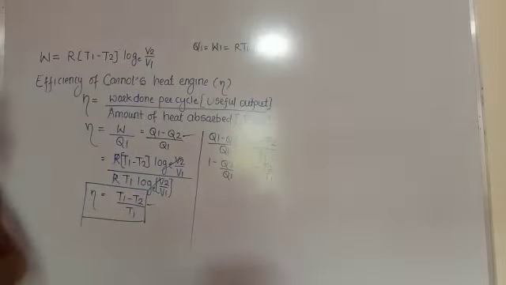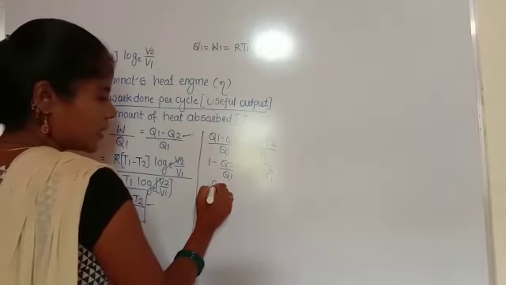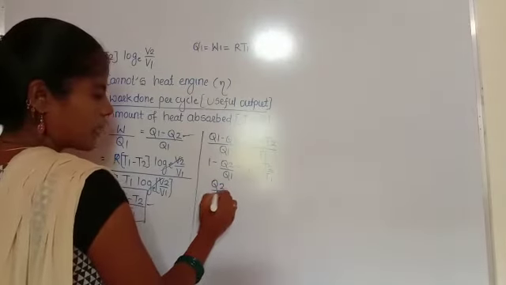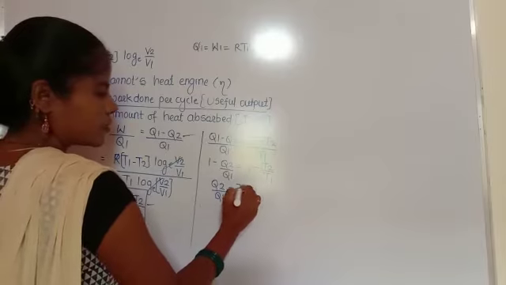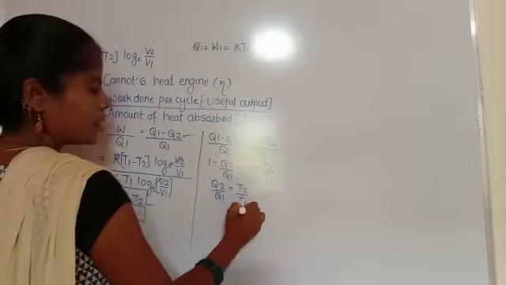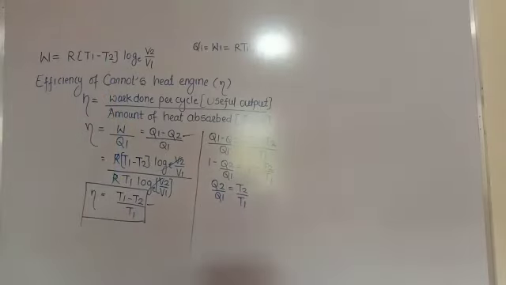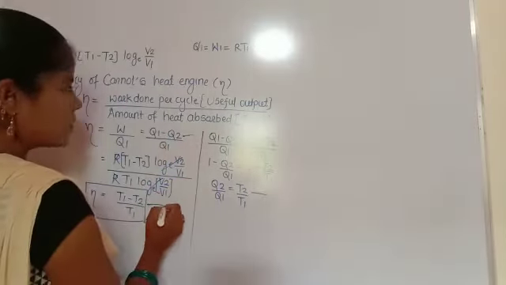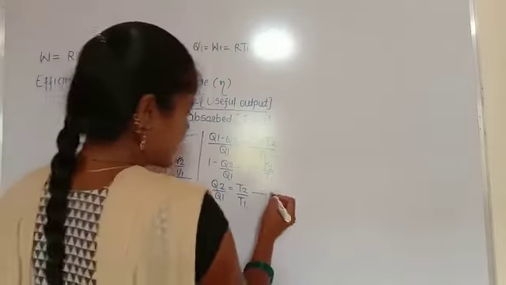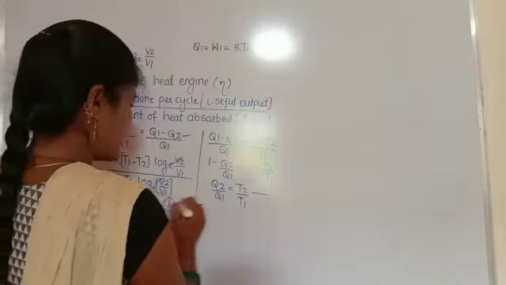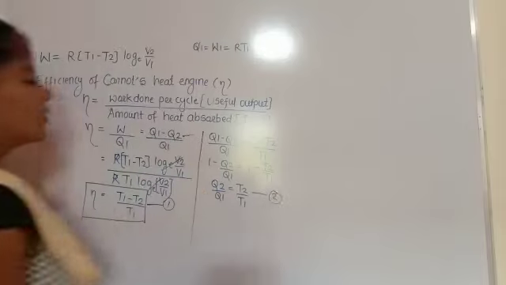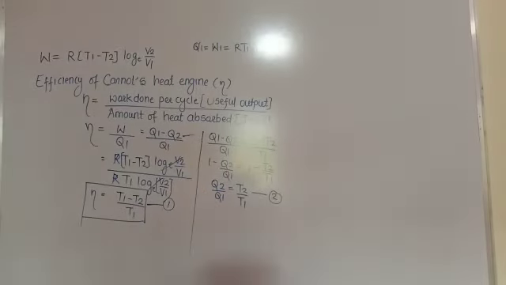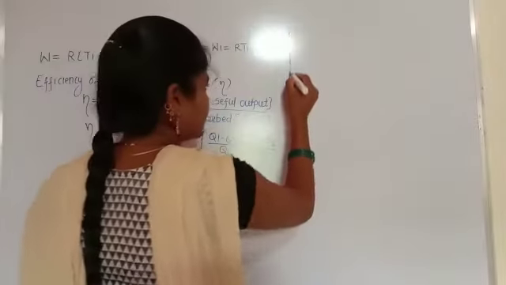So we get Q2 by Q1 is equal to T2 by T1. Take this as the equation number continued from the previous class, here first and here second.